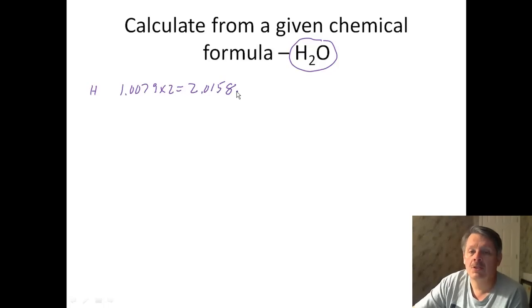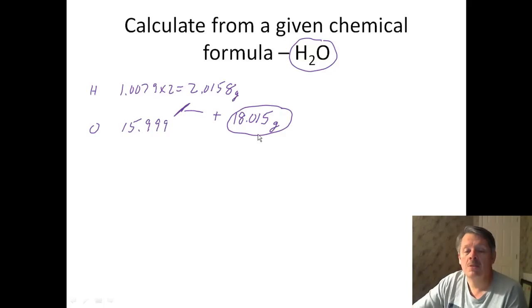And that's in grams. And for oxygen, I get, well, we all know that's 15.999. Again, guys, you should be looking at this on your periodic table. Right. Now what I have to do is add these two numbers up. So I add these two numbers up, and I get a total of 18.015. Now, let me make a comment.